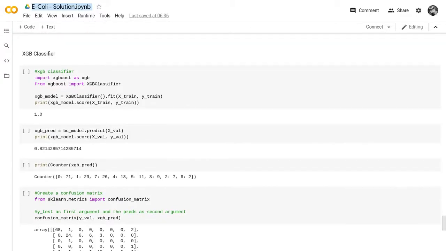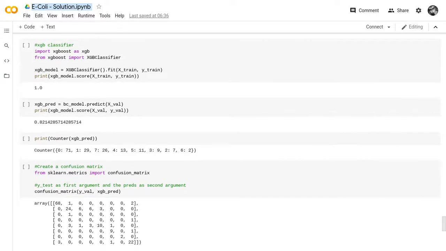The next model that we used, where it picked up all 8 examples of the classes, was the XGB Classifier. It got 100% accuracy on X train, Y train, and it got 82.14% accuracy on X-val, Y-val.